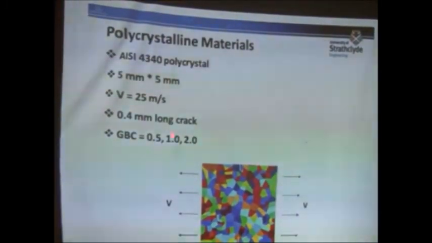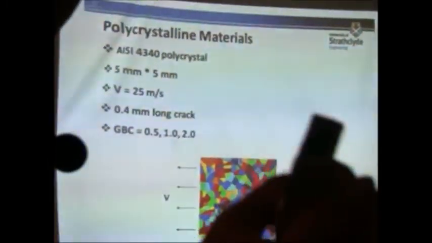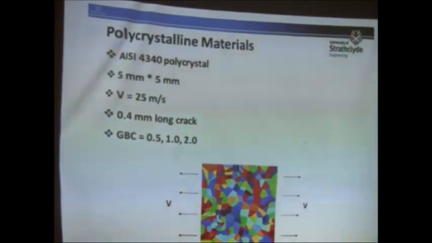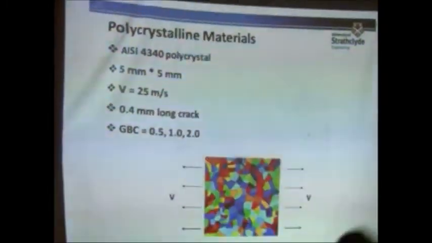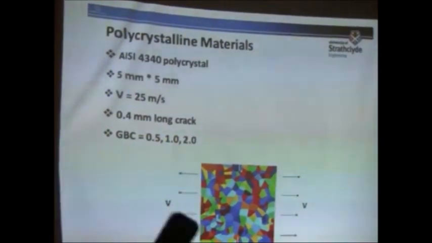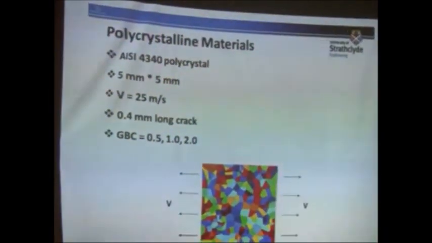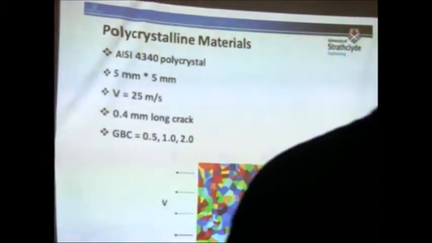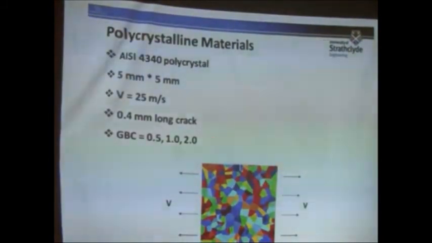So whenever you see a value less than 1, that means we have a weak grain boundary. Whenever we see 1, our bulk properties and grain boundary properties are the same. And whenever you see 2, our grain boundary is stronger than the bulk properties. So we just want to see how the strength of the grain boundary affects the fracture behavior.